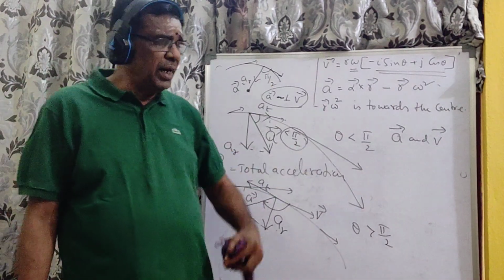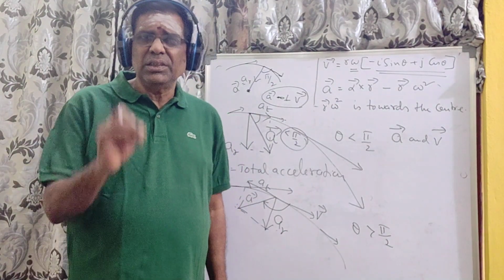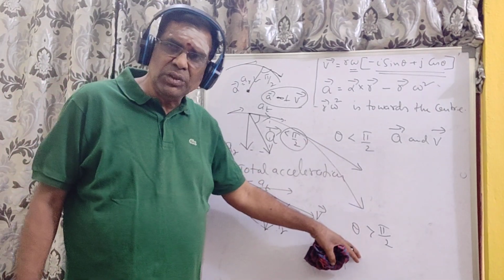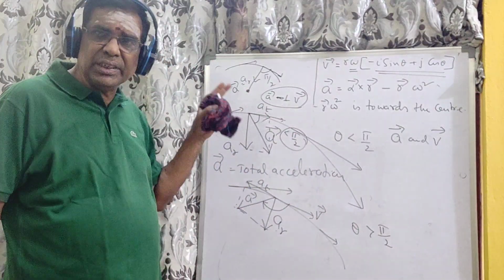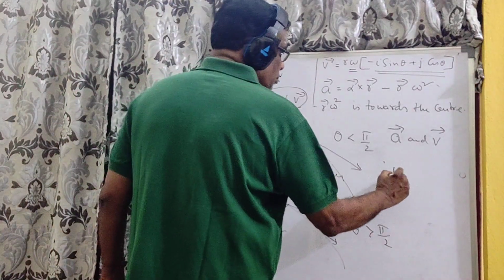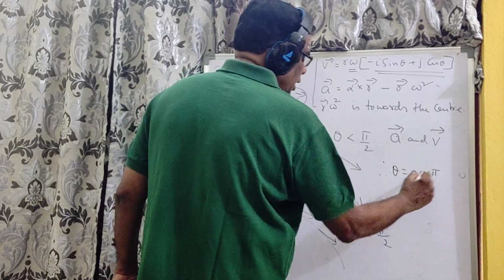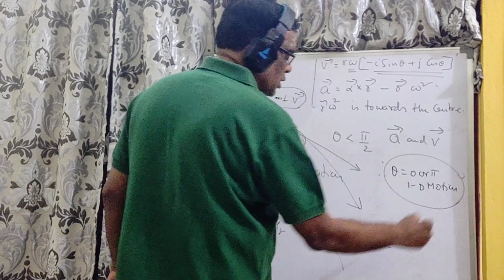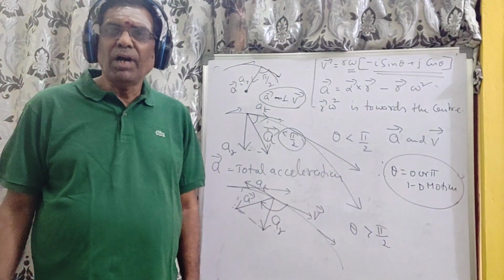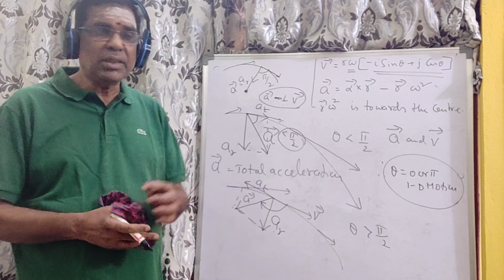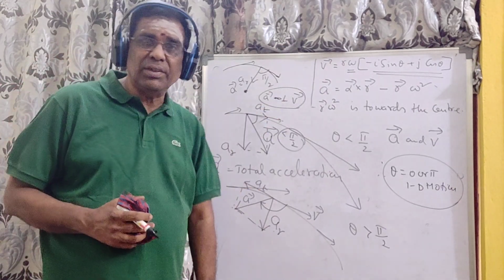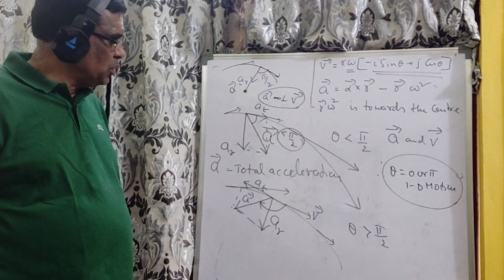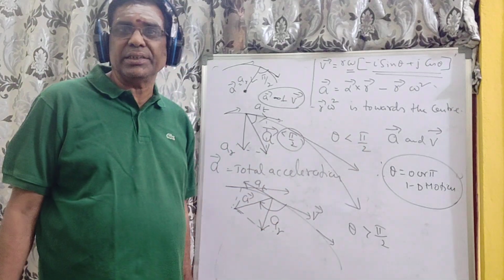Now on the other hand, what are the other possibilities? 0 or 180. Acute I have seen, obtuse I have seen, 90 I have seen. Therefore, 0 or pi correspond to 1D motion. I hope it is clear to you now. Circular motion, once I am done with this, we are able to get all these interpretations. Okay?